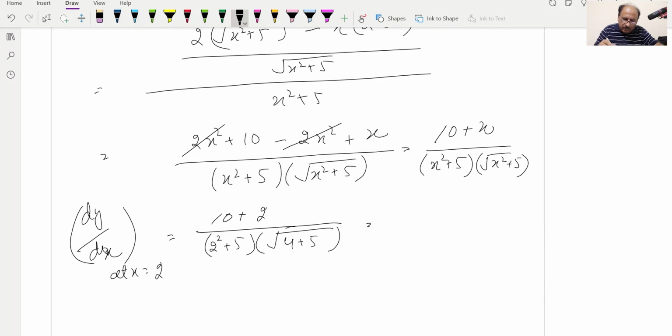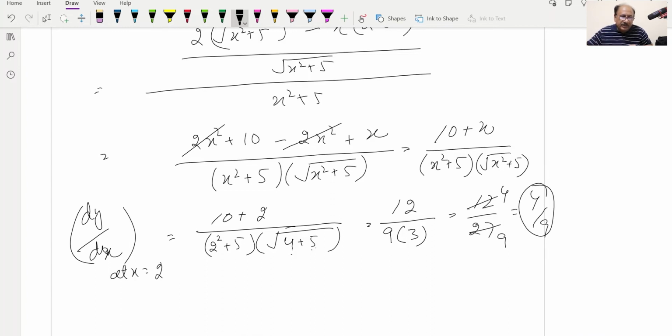So this will be equal to 12 over 4 plus 5 will be 9, and under root 9 will be 3, so 9 into 3, which is 27. This will be 12 over 27. So 3 fours are 12 and 3 nines are 27. So 4 over 9 will be the gradient, not the answer. This is the gradient at 2.